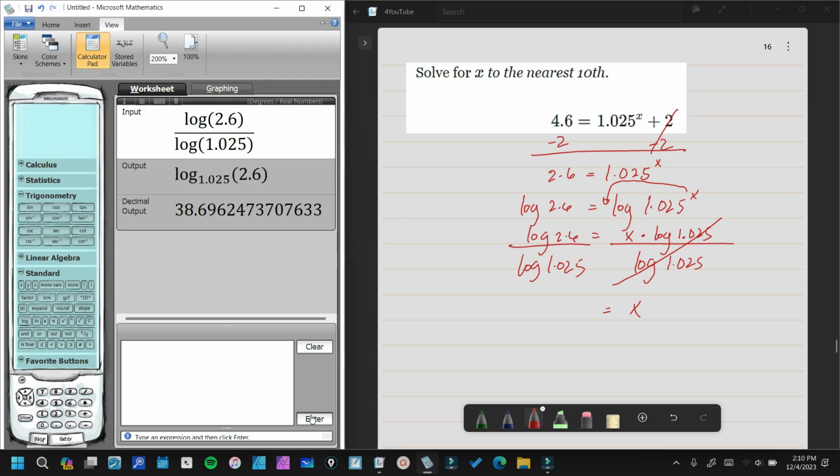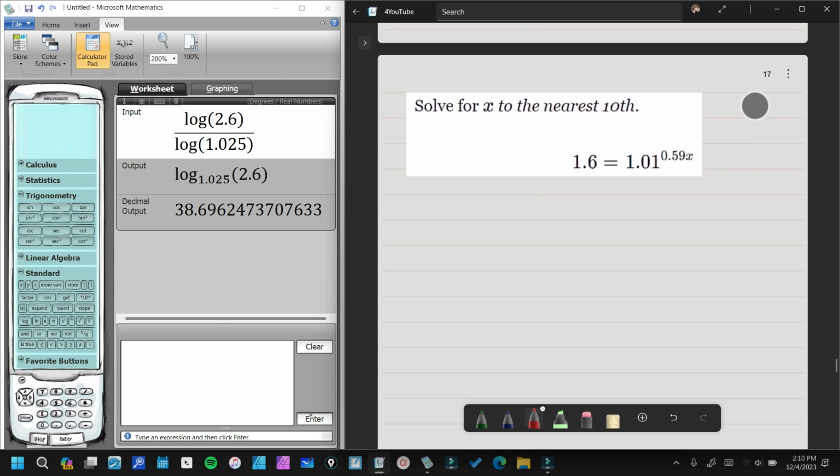Okay. So the answer is 38.69, but here it says that we need to round off our answer to the nearest tenth. So that means the answer is approximately 38.7.